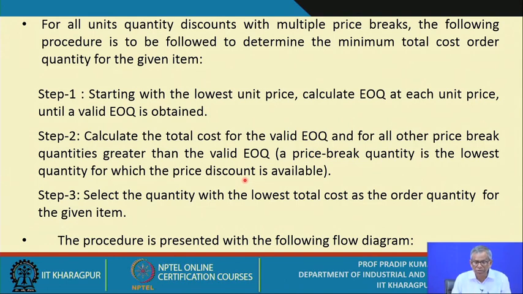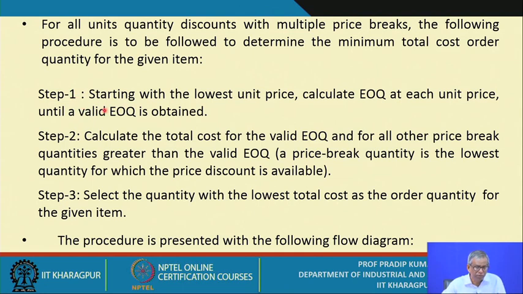For all units discount, quantity discounts with multiple price breaks, the following procedure is to be followed to determine the minimum total cost order quantity for the given item. When multiple price breaks are offered, we have already explained what this multiple price break situation is. Now there are certain steps you have to follow.